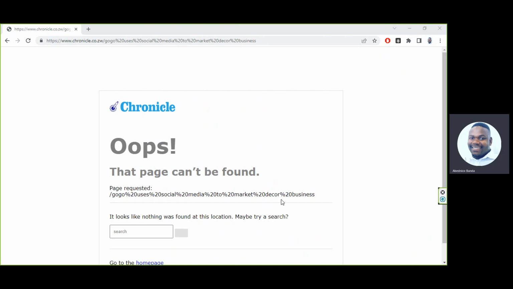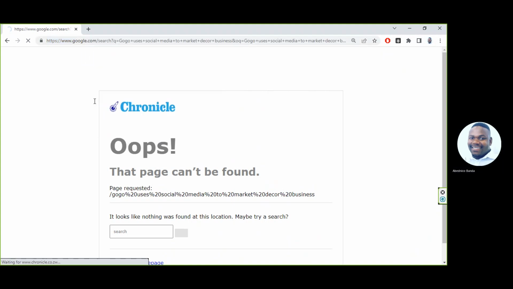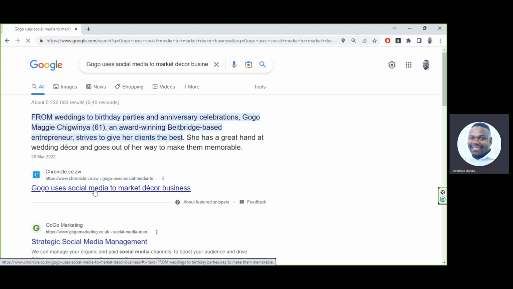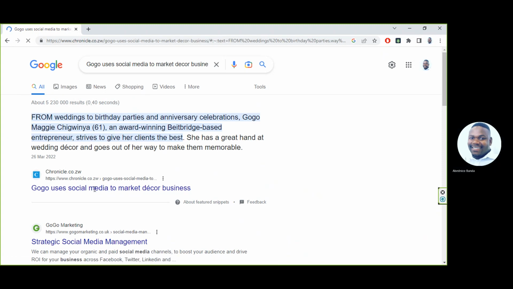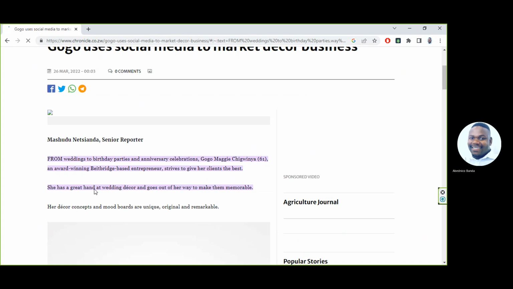I don't understand why it's not opening, but it was opening in class yesterday. So I'm hoping that it is still there. Otherwise, the whole exercise will be in jeopardy. Okay, here we go. Let's try to open it from Google search. All right, I'm able to open it.